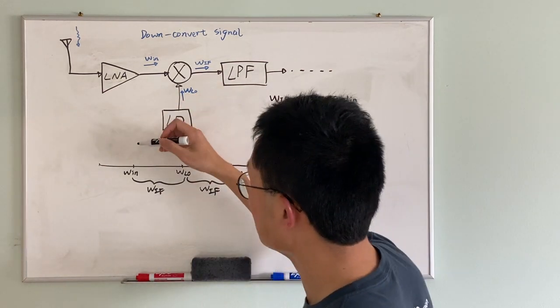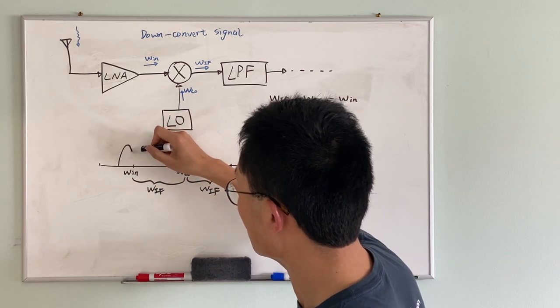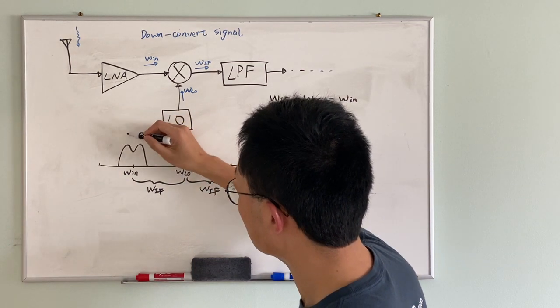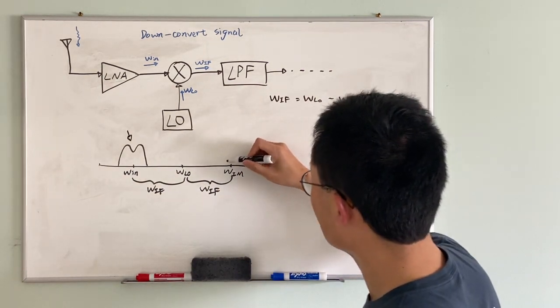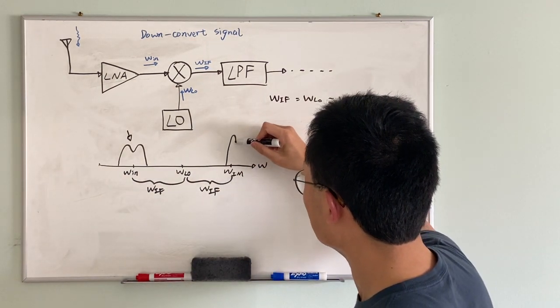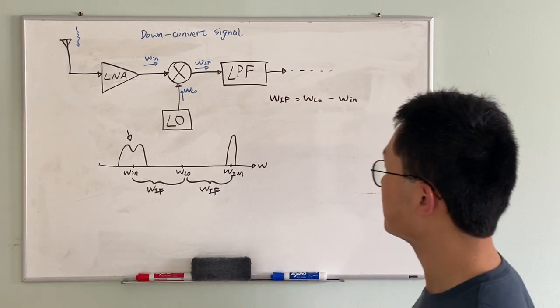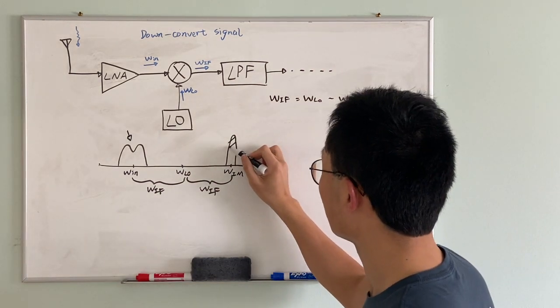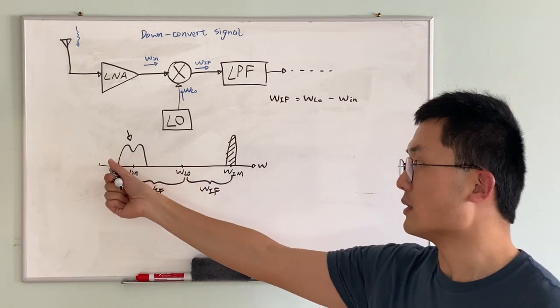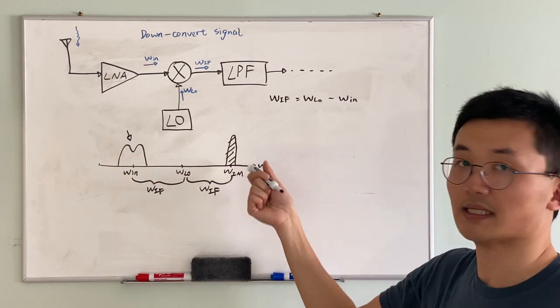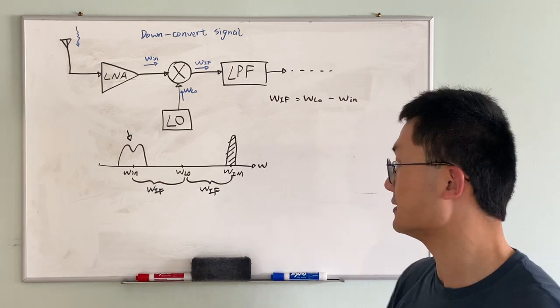Let's say the omega in is a modulated frequency. This is the frequency of our interest, and let's say the image signal has this shape. So the input signal is the one we want, and the image signal is actually undesired.